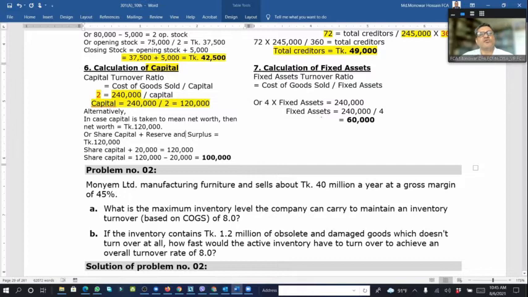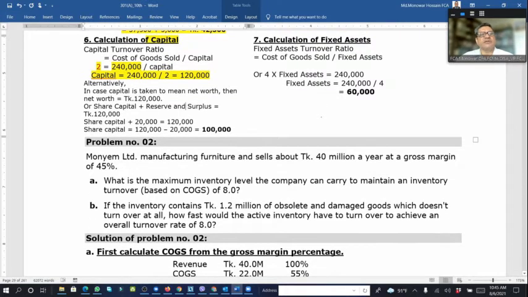1,20,000. We can alternatively calculate the capital. In case capital is taken to mean net worth, then net worth is share capital plus reserve and surplus, 1,20,000. Share capital plus reserve and surplus 20,000, so 1,20,000. And from that 1,20,000, if we minus 20,000, because reserve and surplus is another component, but total capital includes the reserve and surplus.